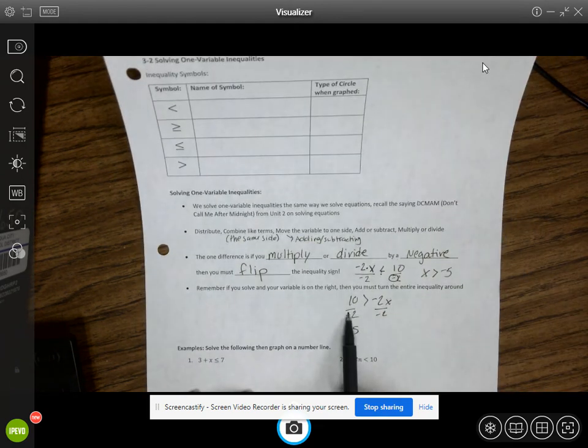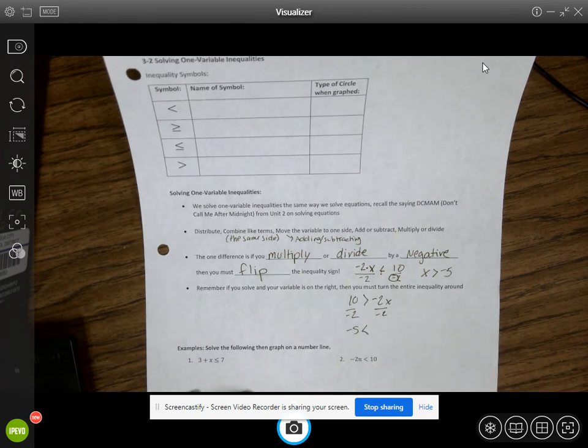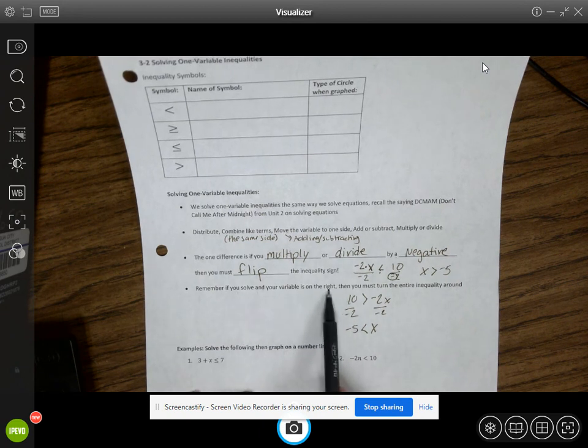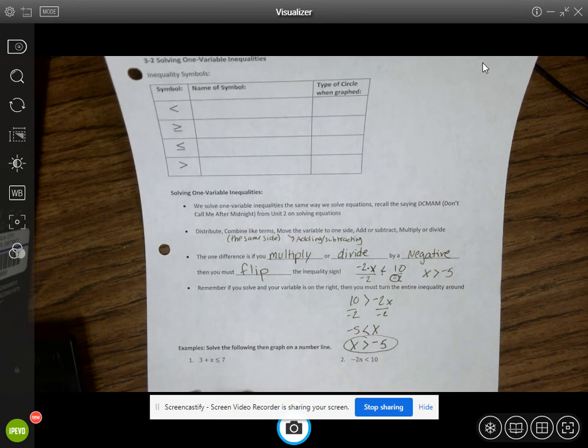Because I divided by a negative, I'm going to flip this sign to face the other direction, and then I get x. Because my variable's on the right, see how it's on the right? I need to flip this entire thing around. So I'm going to put x, my sign, which needs to point towards the negative 5. Okay?